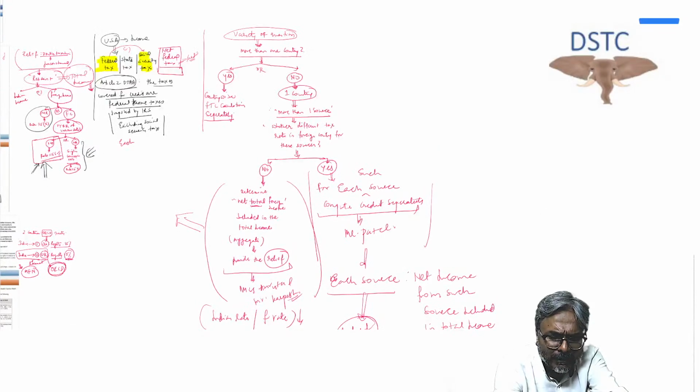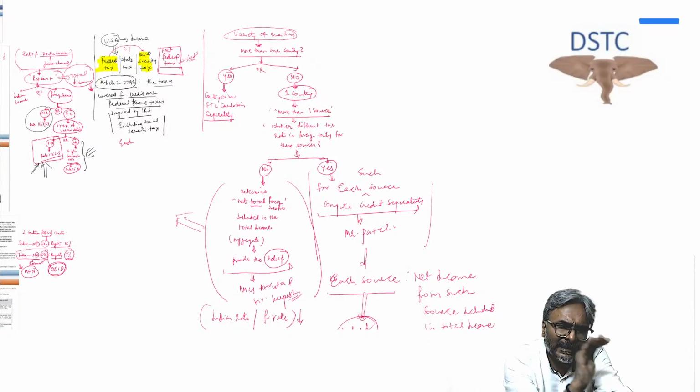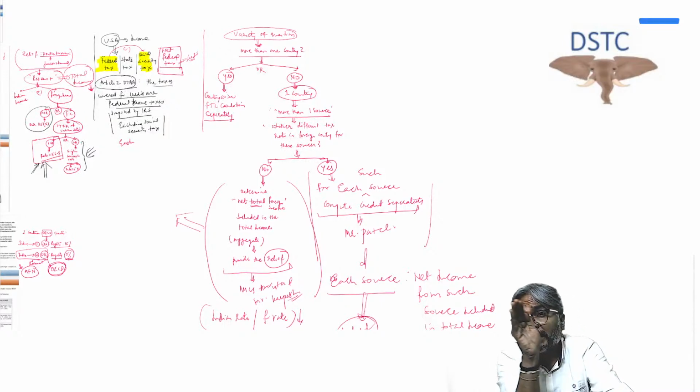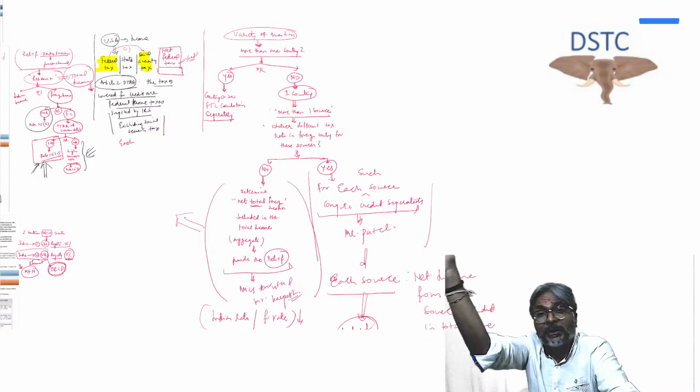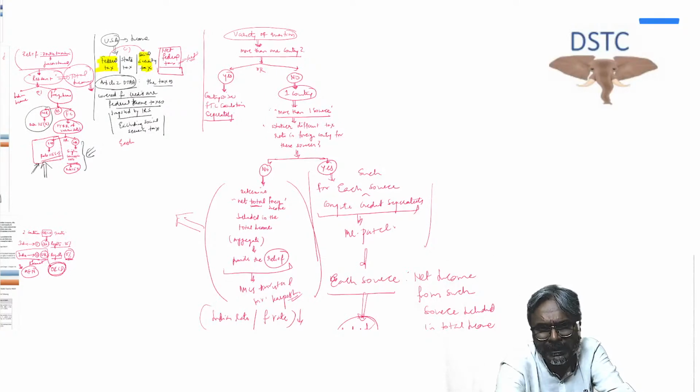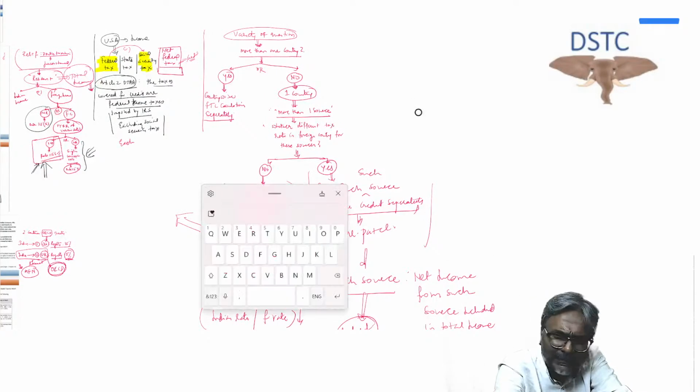The foreign rate of that country will be compared with the Indian rate, and the lower of the two rates is what will be applied on the net income of that country which is included in the total income. So if there are two countries, you do this exercise: take the lower rate, apply it on the net income of that country included in the total income, and on that basis you will get the relief calculation. Okay, that will be simple.